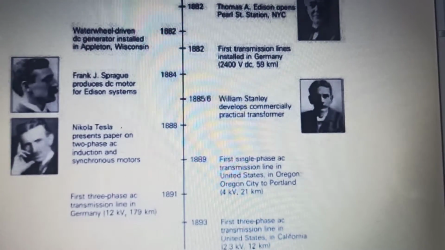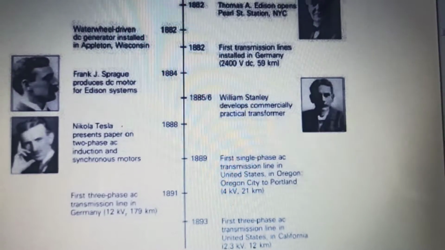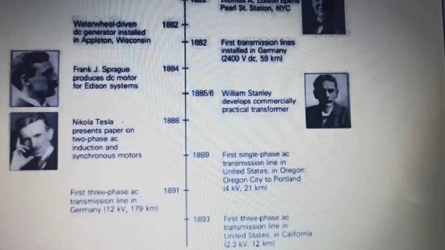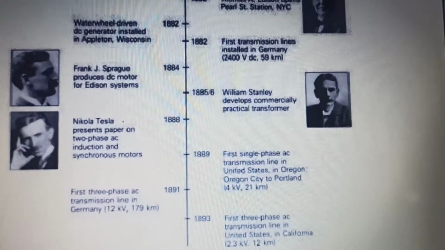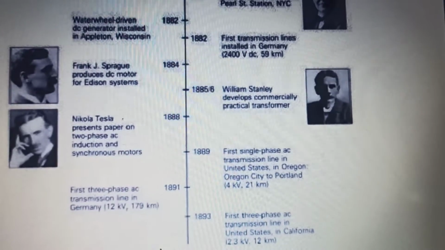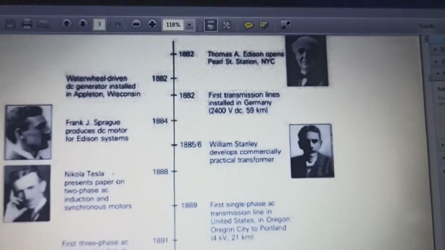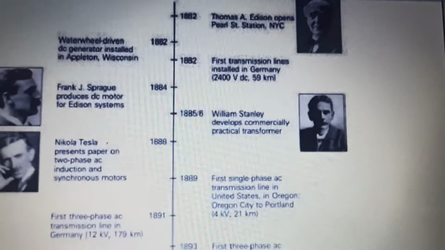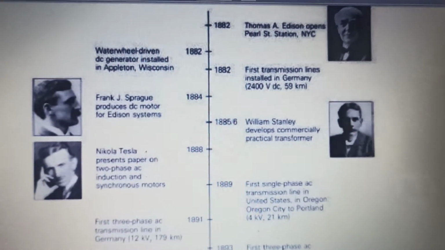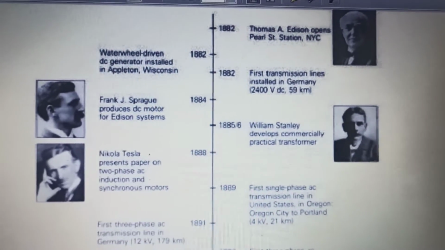Now coming back to another very important discovery, that is the water wheel driven DC generator. So basically, water wheel driven means that a turbine was used, a structure which literally replicated a turbine was used in a prime mover.